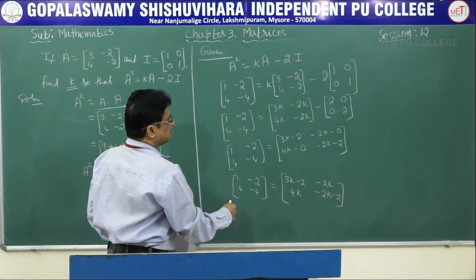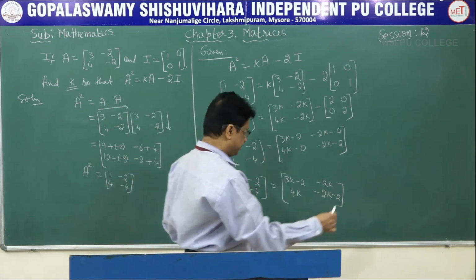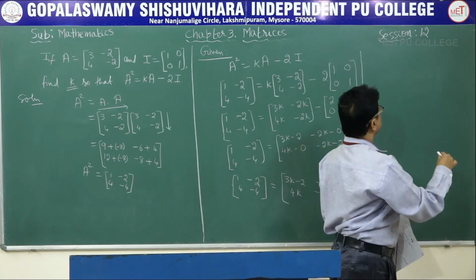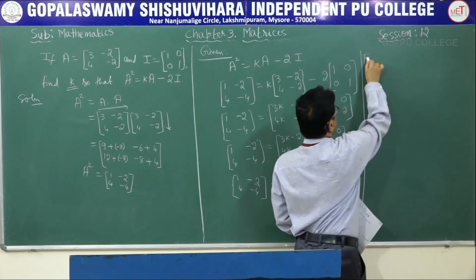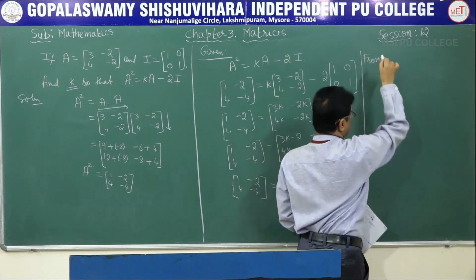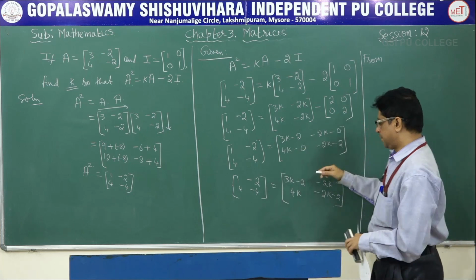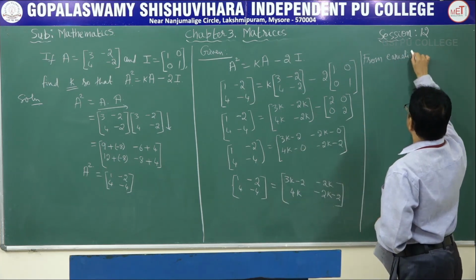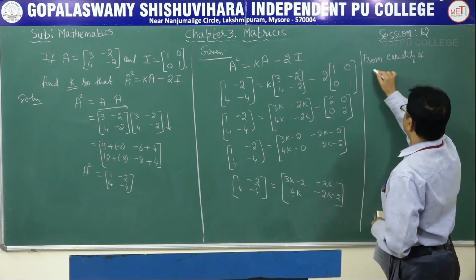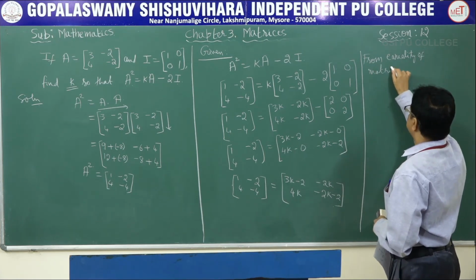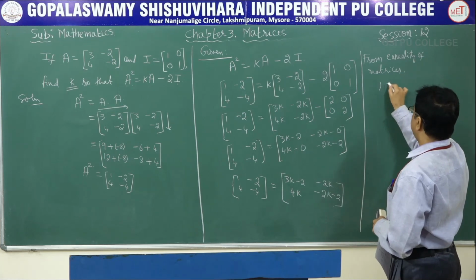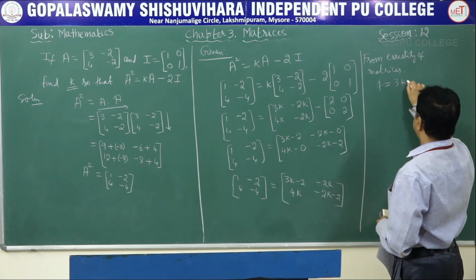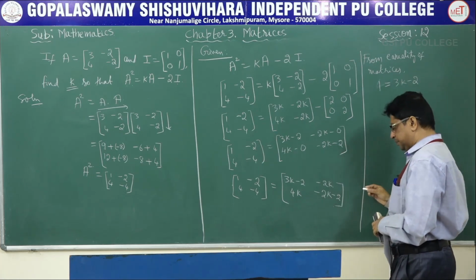So from equality of matrices, 1 will be equal to 3K minus 2.